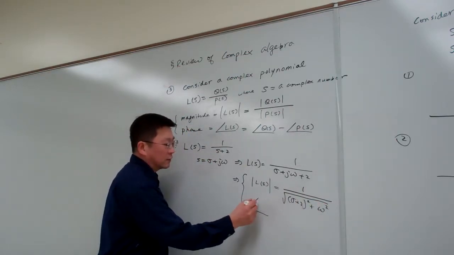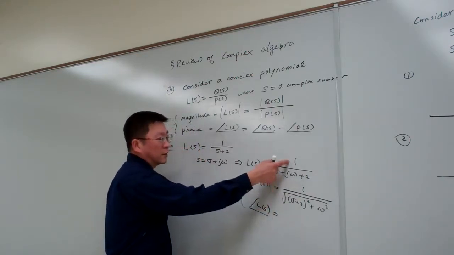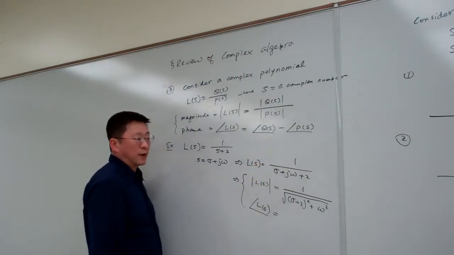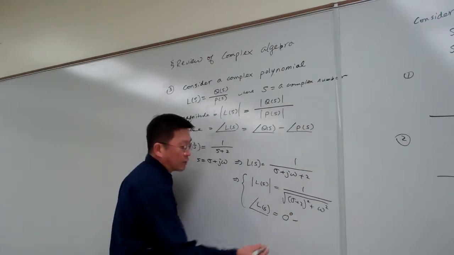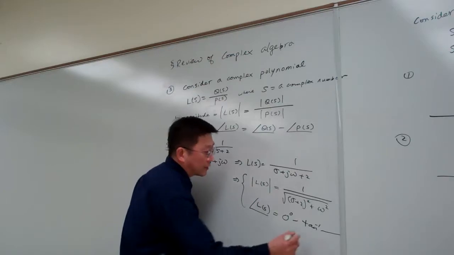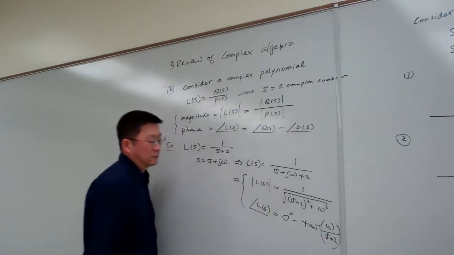The phase is, again from the first properties, the numerator is the real number 1, so its phase angle is 0 degrees, minus the phase angle of the denominator, which is arctangent of omega over sigma plus 2. Good?